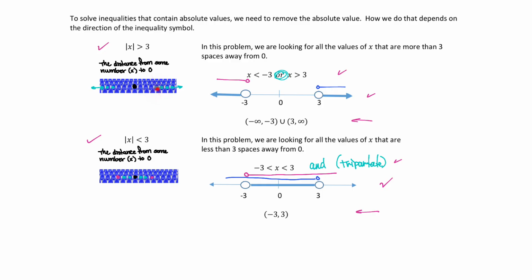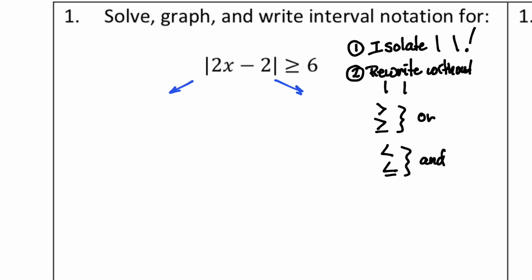So this side is greater than, but this side is actually a less than. It points to the left. Okay, so when we write the left side, we're going to drop the absolute value, and we're going to flip the inequality sign so it goes to the left, and we're going to move to the left 6 places.